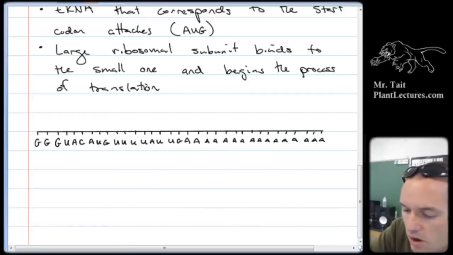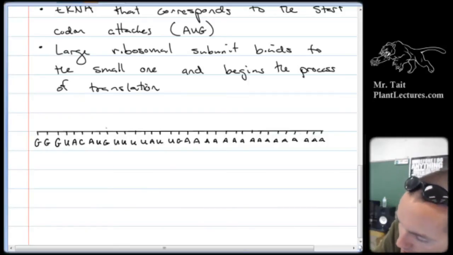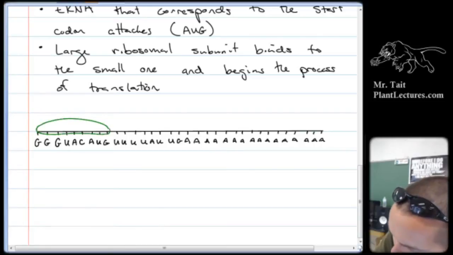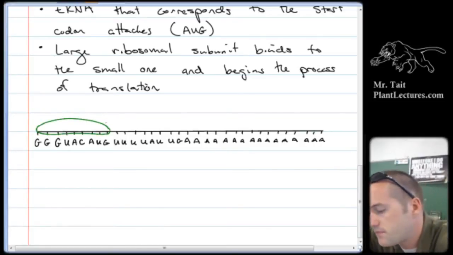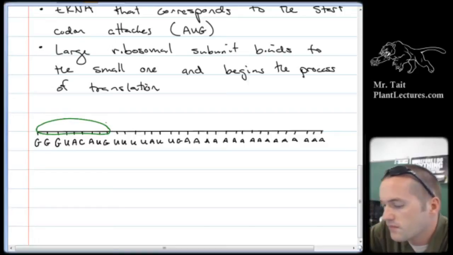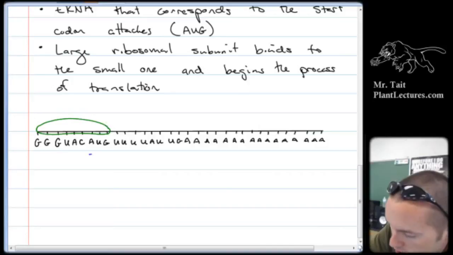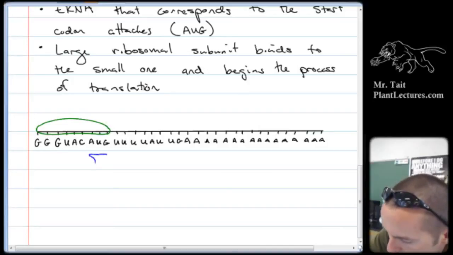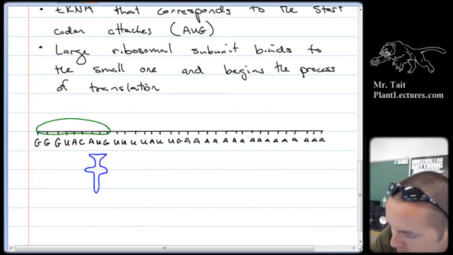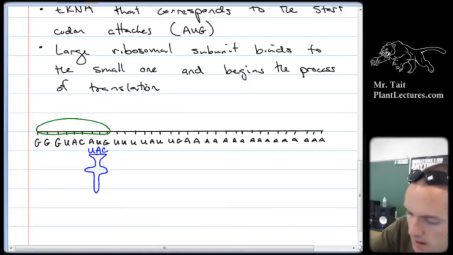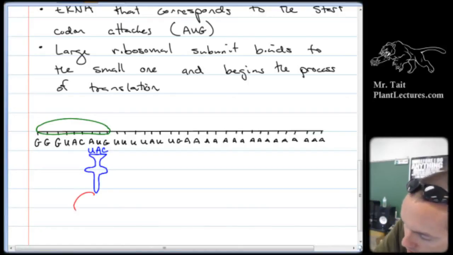And so our small ribosomal subunit is going to attach to the G cap, like that. Okay. Then our tRNA that corresponds to our start codon will attach. And so that would be UAC. We said that codes for methionine.